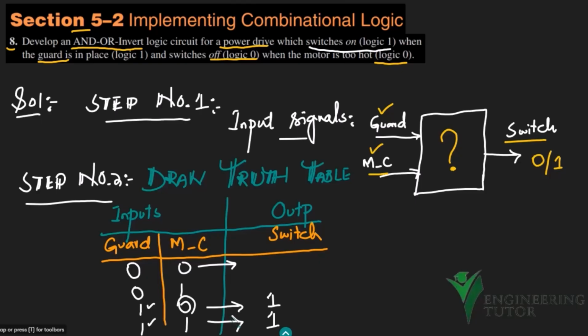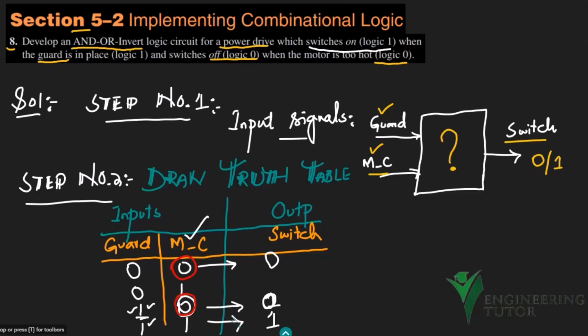We can see that we have two conditions where MC is 0. The switch will be off when it is hot. Similarly, in the condition where the guard is present while the motor is hot, we can also make the switch off, because more priority will be given to the motor cool input.